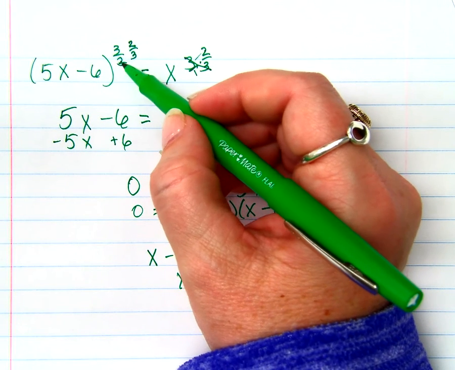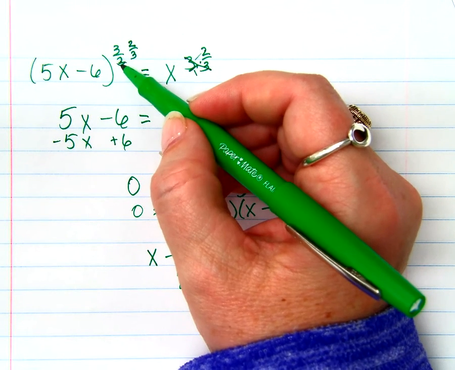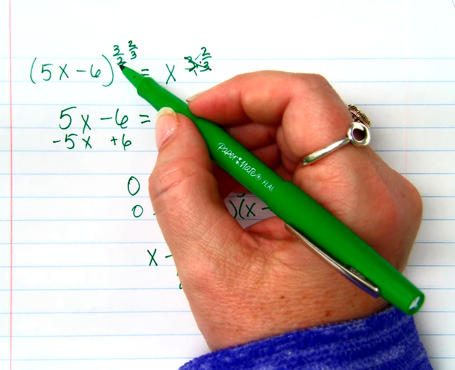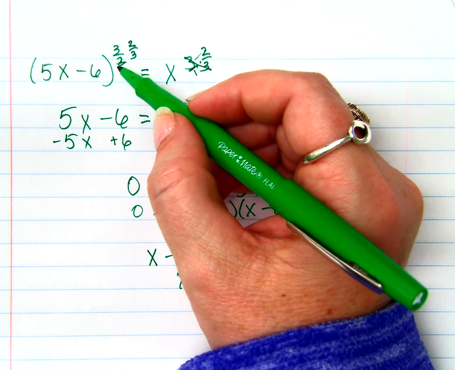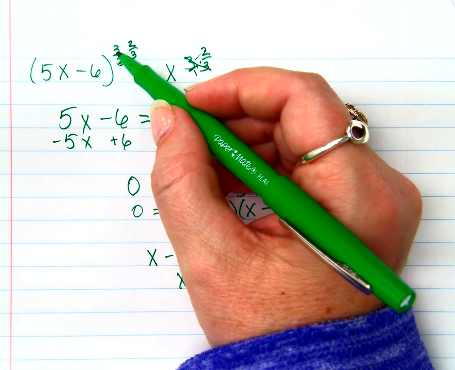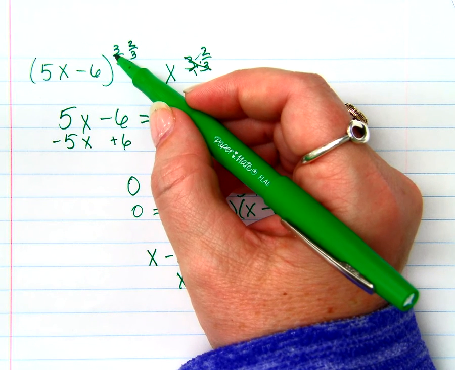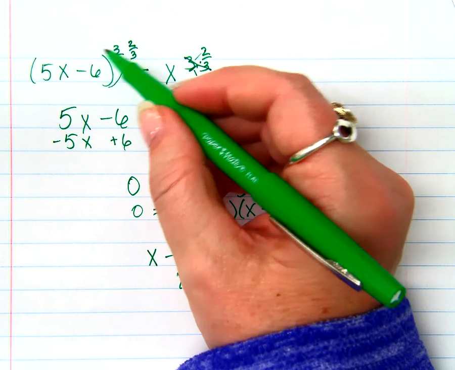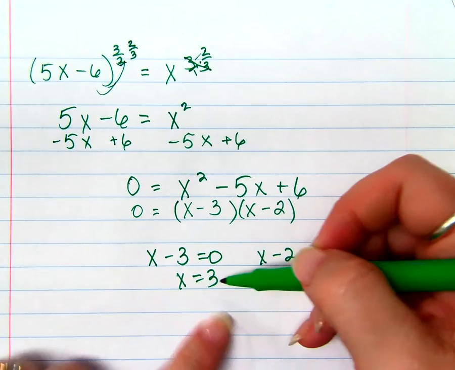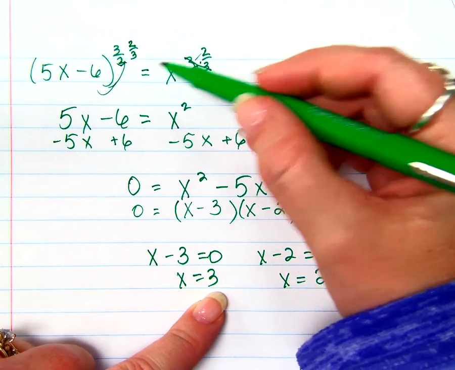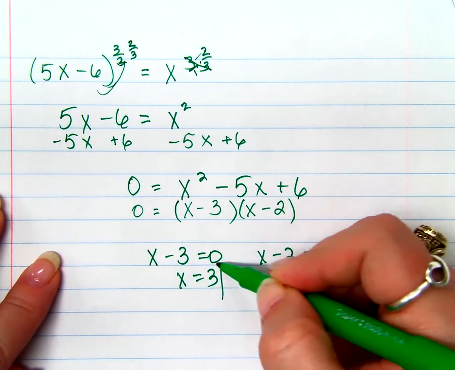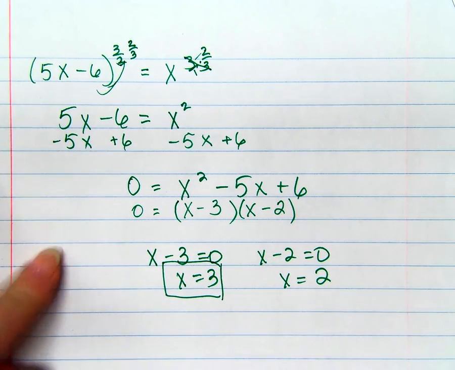What's the square root of 9? You guys are hurting my heart a little bit. 3. What's 3 cubed? 27. So on the left-hand side of the equation, we have 27. 3 cubed. Does 27 equal 27? Okay, then this is an answer. That works. That's right.